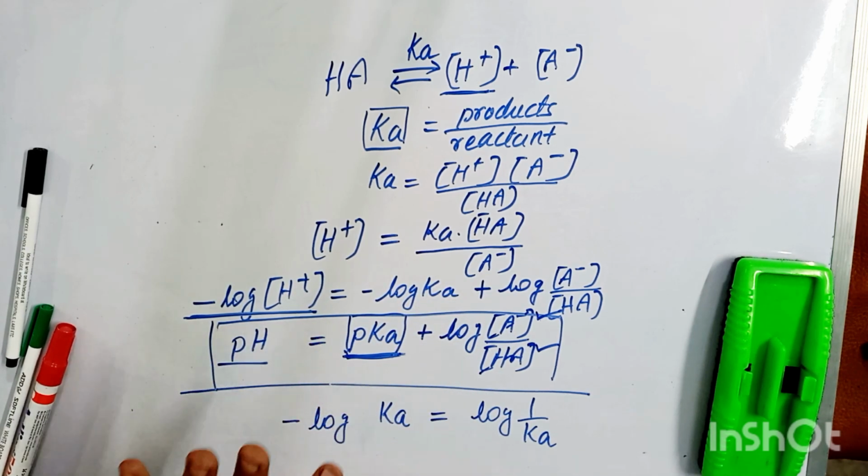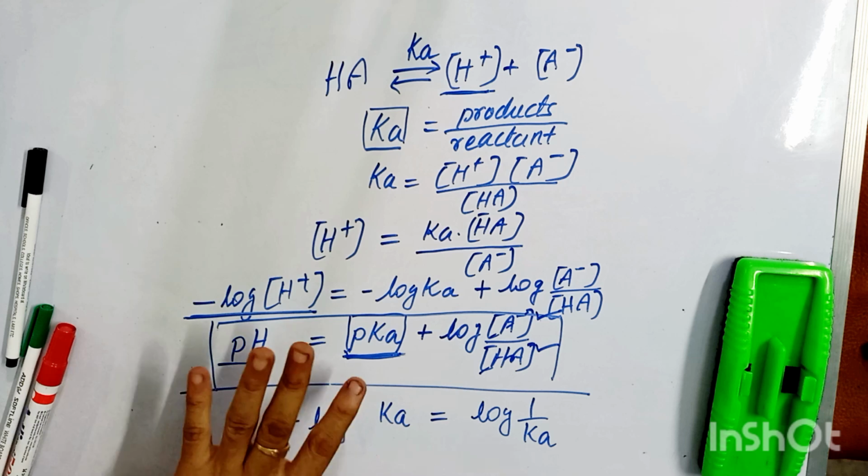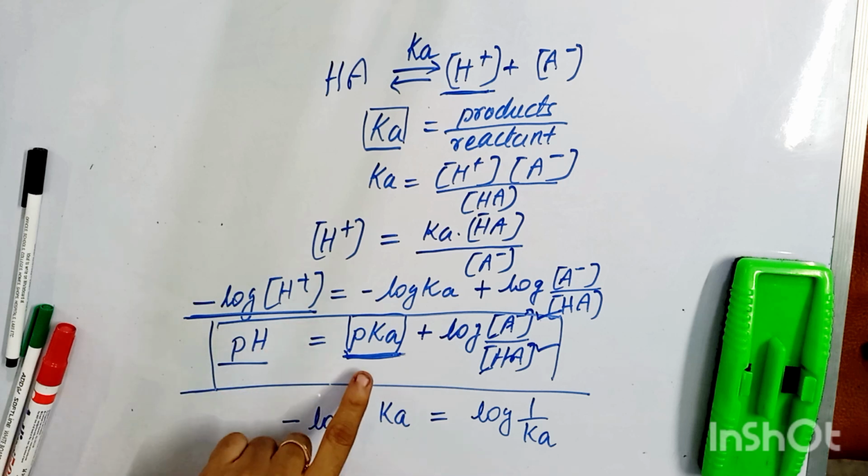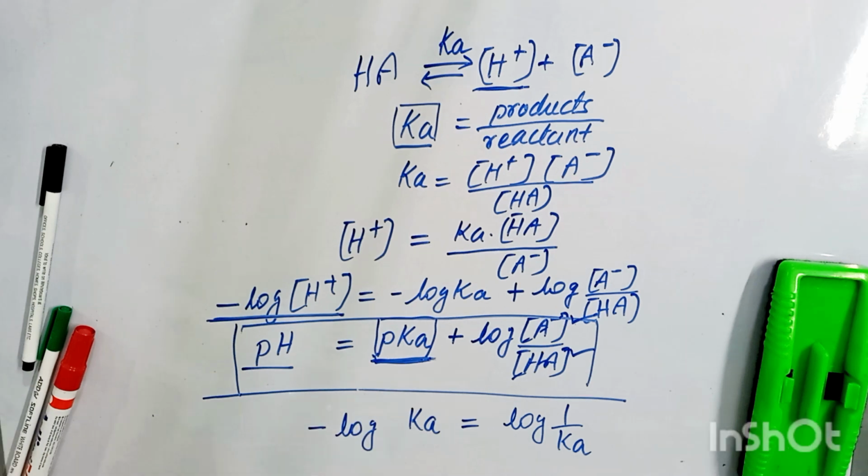That means the acid is in its highest buffering state. pKa indicates its buffering capacity. If an acid has a Ka of 10 to the power minus 3, it's a very strong acid. It will be at pH 3, because it is at 10 to the power minus 3.